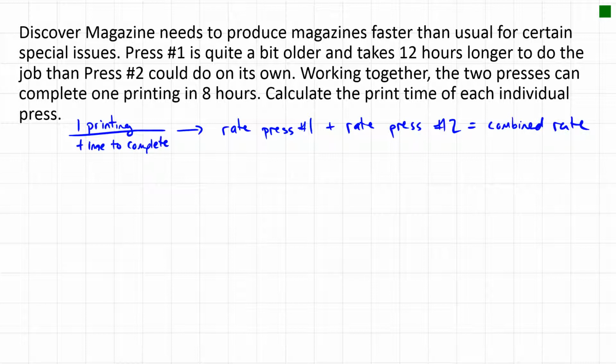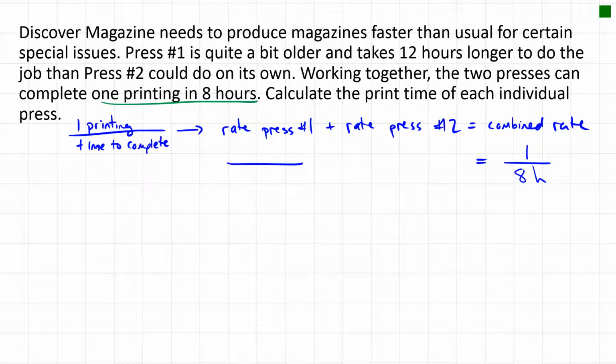Now the combined rate we know. We're told that the two presses can complete one printing in 8 hours. So one printing can be done in 8 hours. I don't want to write my units of hours in there because we're not going to need them when we go to solve the equation, but I could, just so that we know where that 8 came from, 8 hours.